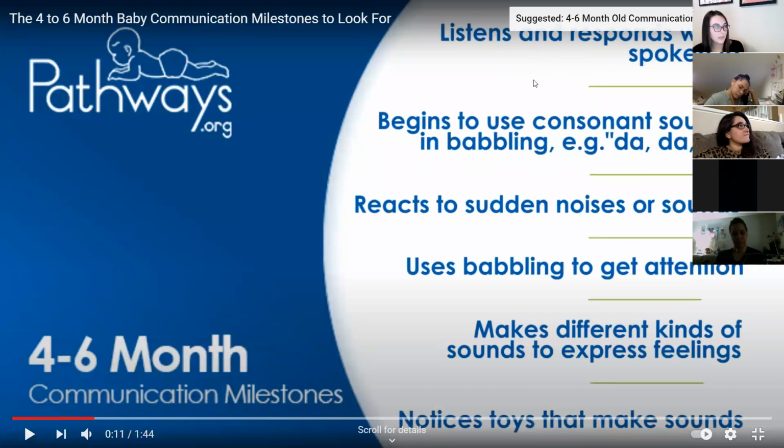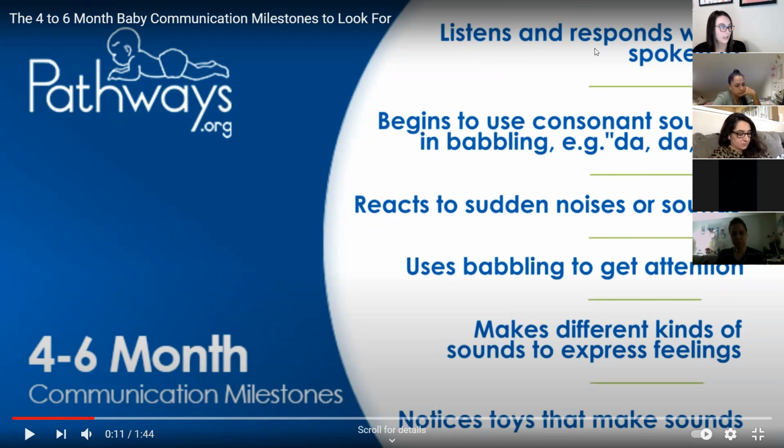There'll be like a little video showing each one, but they're starting to engage in listener responding this early. So somebody makes some noise and they're starting to orient to the sound of someone speaking. They're starting to babble. They're reacting to noises. This one babies do, I feel like most of the time. That's a reflex.